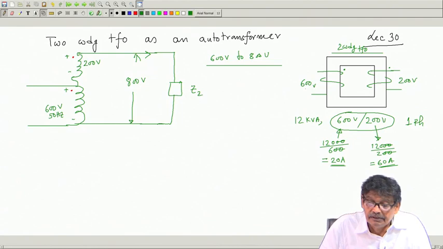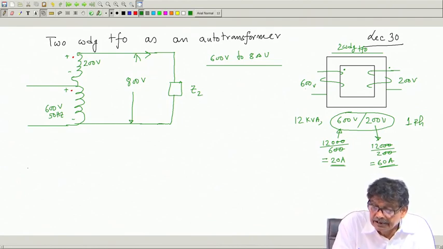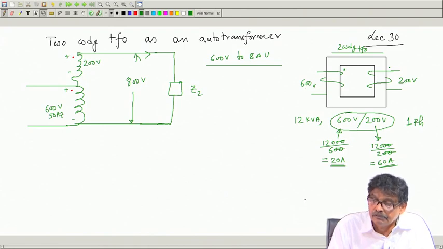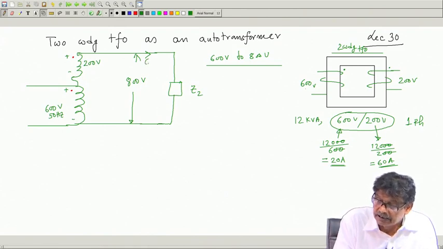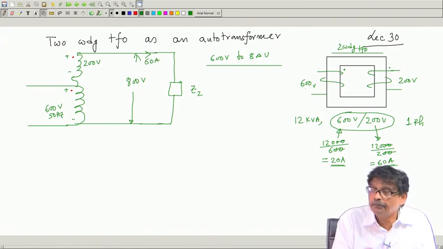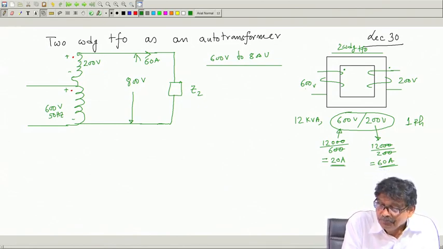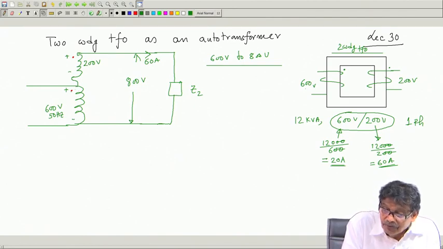How much? The rated current of the 200 volt winding is 60 ampere. So, 60 ampere I can pass, no problem, through this winding, because if 60 ampere comes out from the dot, I know through the dot here 20 ampere must flow.